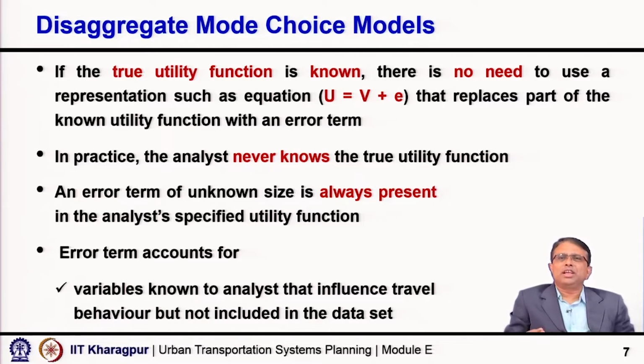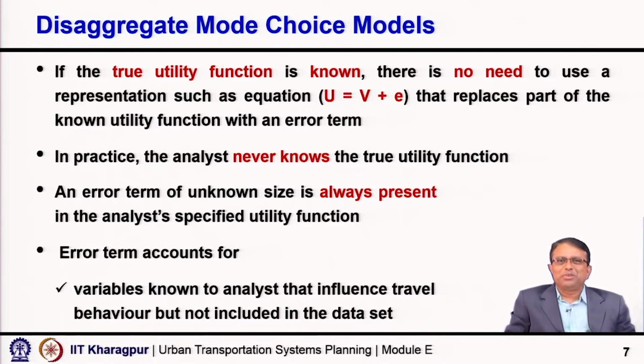Because if in each case we had included the error term in our specified utility function, then there was no need to use such an equation, that the true utility is the specified utility plus an error term, right. But in reality the analyst never knows the true utility function.